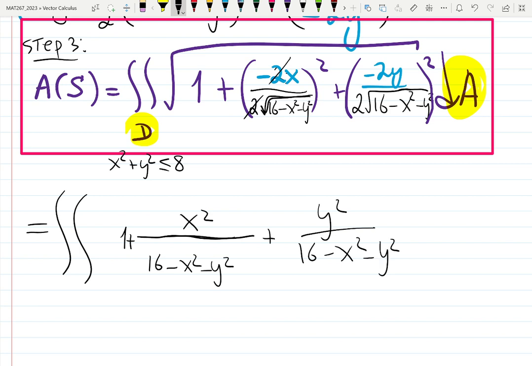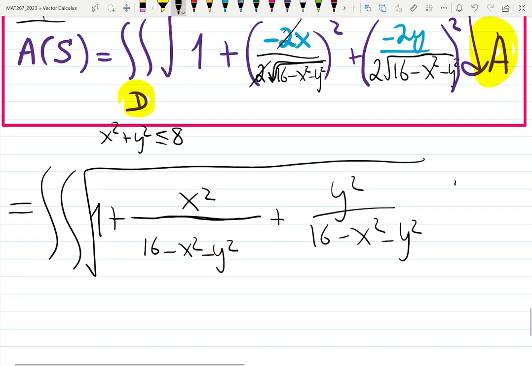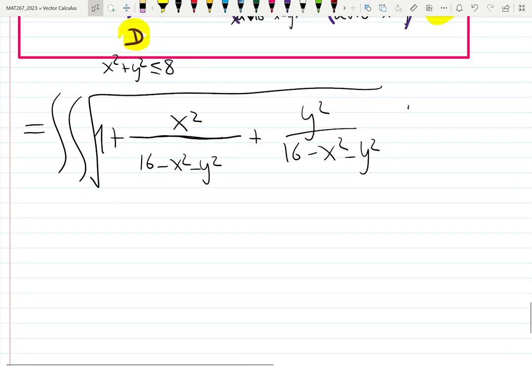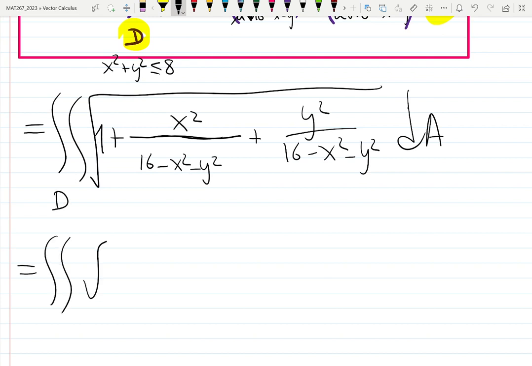The tiny calculations are the most boring part, I think, but this is where people get stuck at the homework, so I should show it. So this is what we have when we're squaring each side or each derivative. Now we have common denominator. So I guess let's keep dA, and we have the double integral over D, a square root.